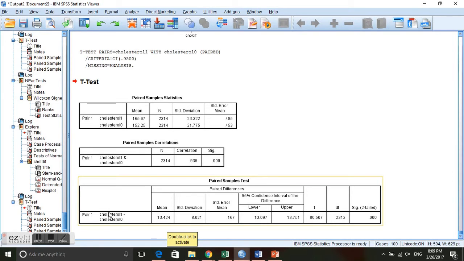This means that cholesterol got higher at the end of the study compared to at the beginning of the study by 13 points. And we have the 95% confidence interval. Then we have the p-value, so we can say that the differences are statistically significant comparing the beginning of the study to the end of the study in cholesterol, and that mean difference is 13.4.